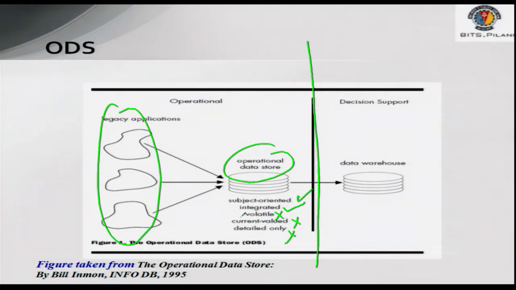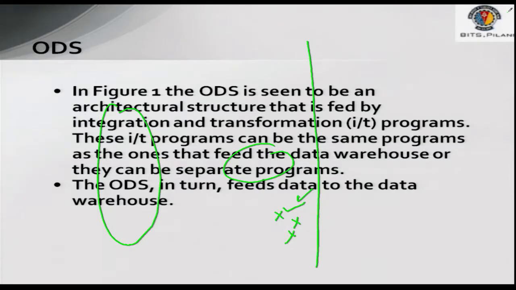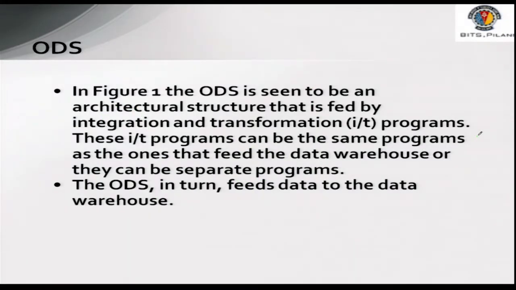Okay. So again, this is taken from one of the articles by Inmon on ODS. In figure 1, the ODS is seen to be an architectural structure that is fed by IT, integration and transformation programs, basically ETL.